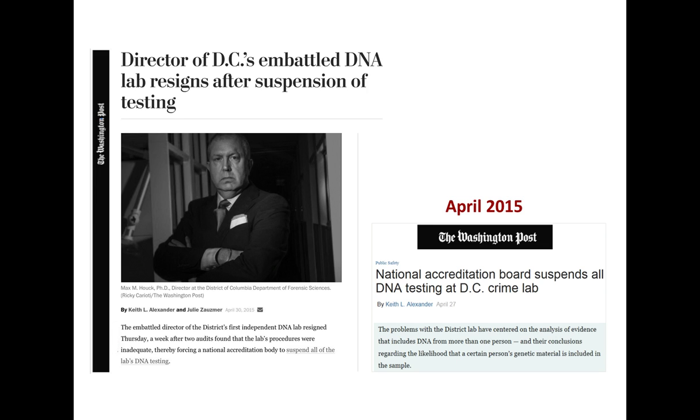And essentially, in the bottom right hand of the screen, if you read this, all of the casework testing that was being done by that lab.